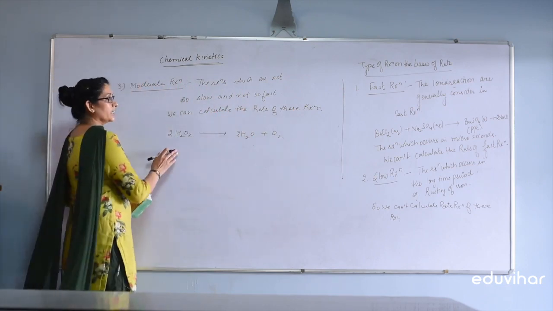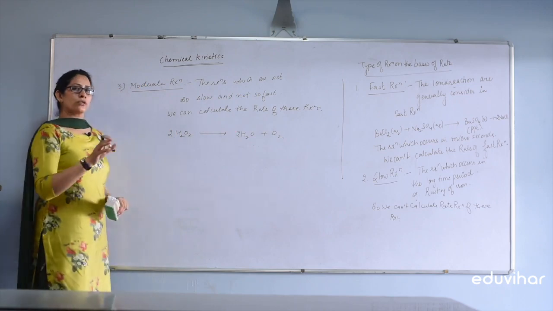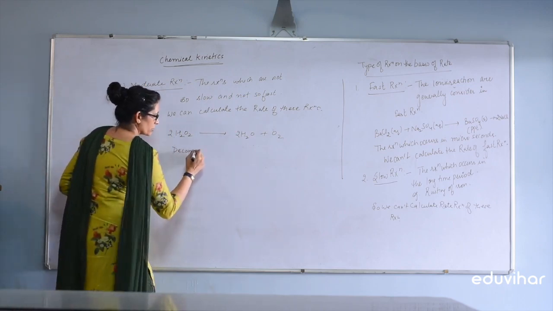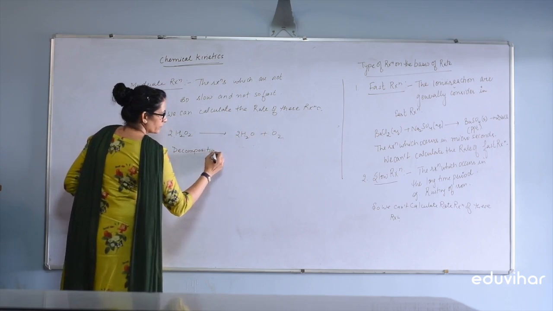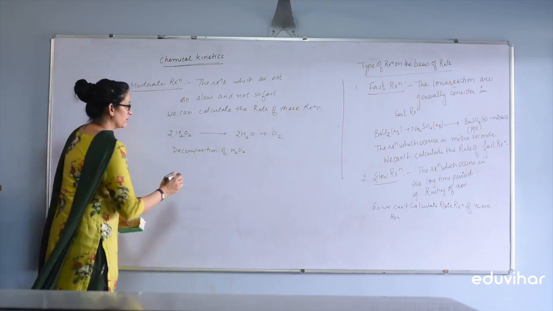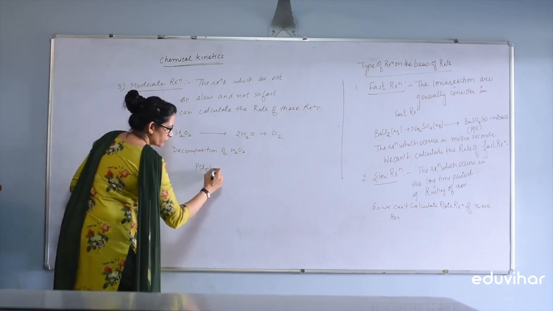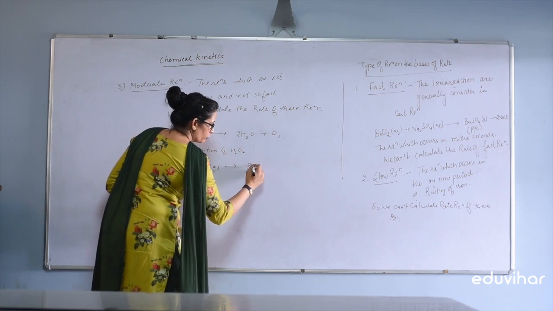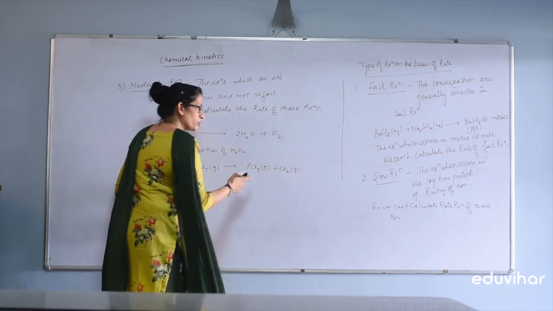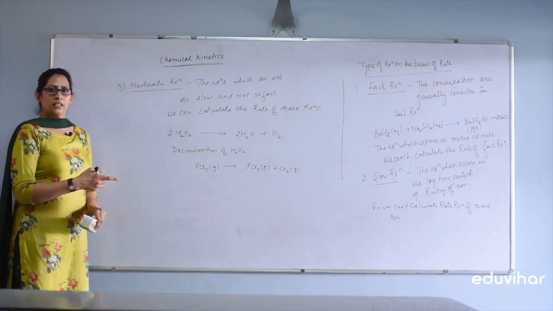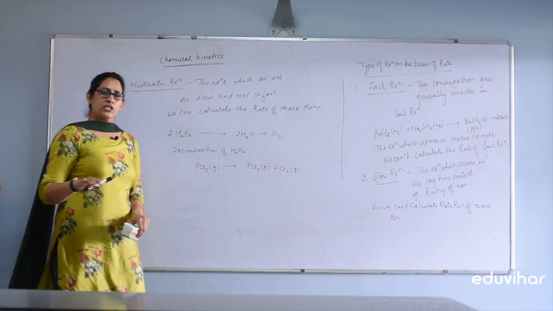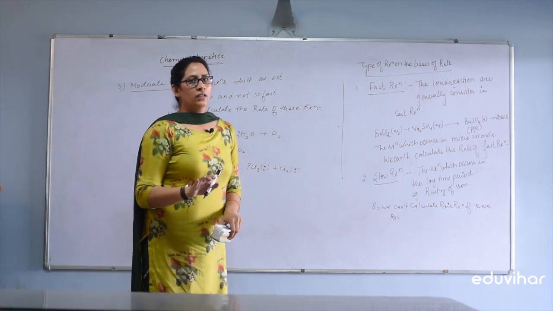For example, decomposition of hydrogen peroxide. Another example is PCl5 gas changing into PCl3 gas plus Cl2 gas. This is also an example of moderate reaction. These are the reactions for which we can calculate the rate of reaction.